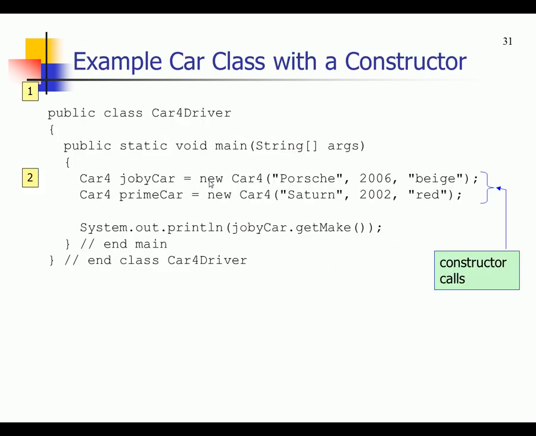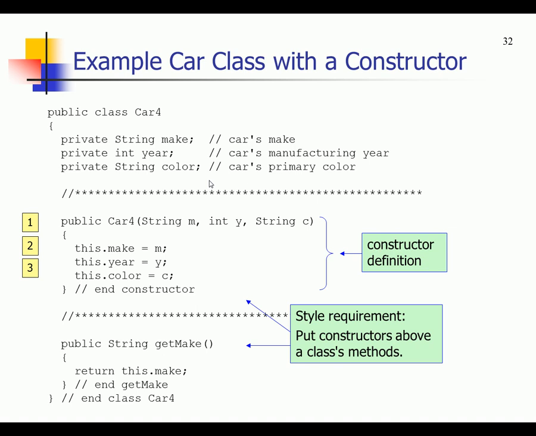So if I am calling new Car4 like that, I must have a constructor that takes 3 arguments. What if I said Car4 kenCar equals new Car4 with nothing in the parentheses? Would it error out? Yes, it would, because here I have a constructor with 3 arguments, and that's it.